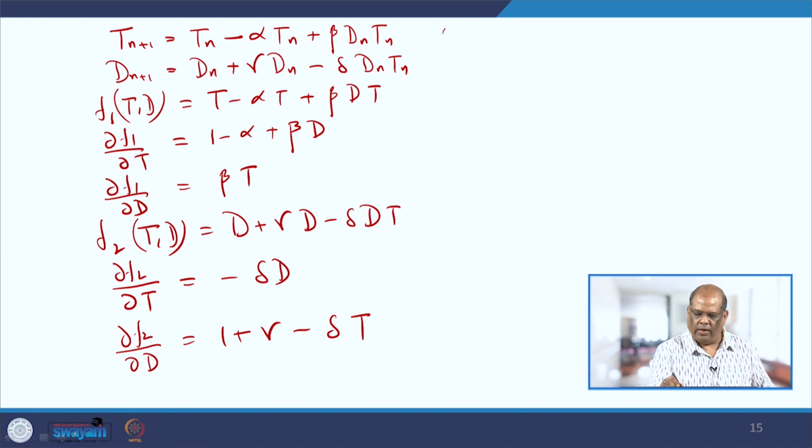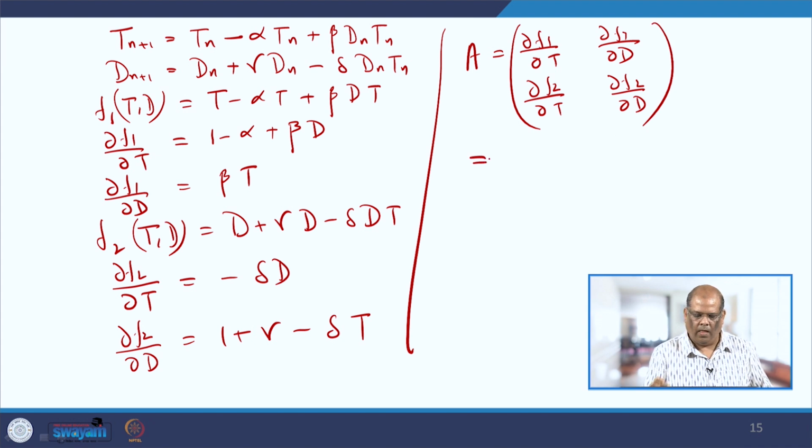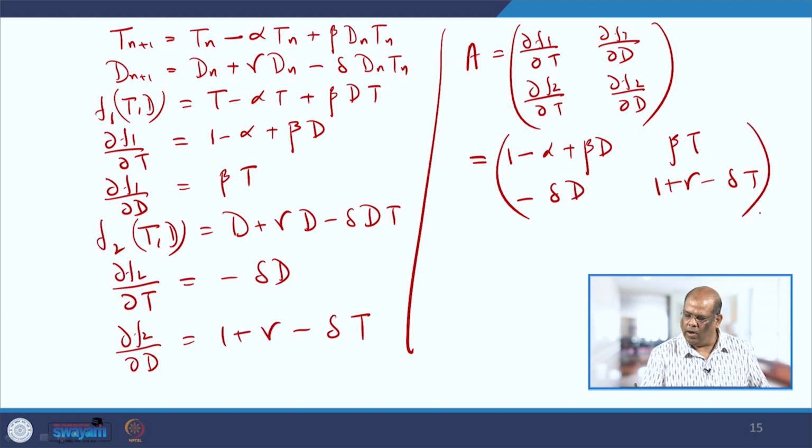So the matrix A is del F1 del T, del F1 del D, del F2 del T, and del F2 del D. So this is 1 minus alpha plus beta d, this is beta t, this is minus delta d, and 1 plus gamma minus delta t, at the point t star, d star.